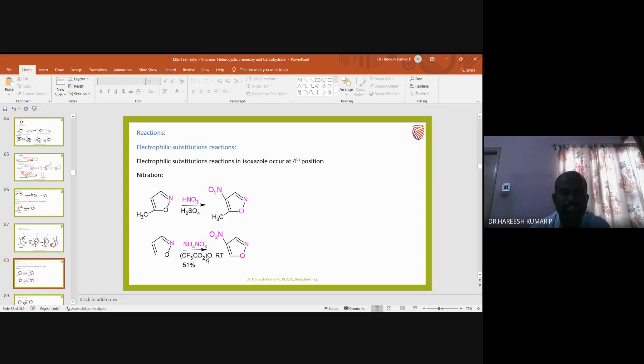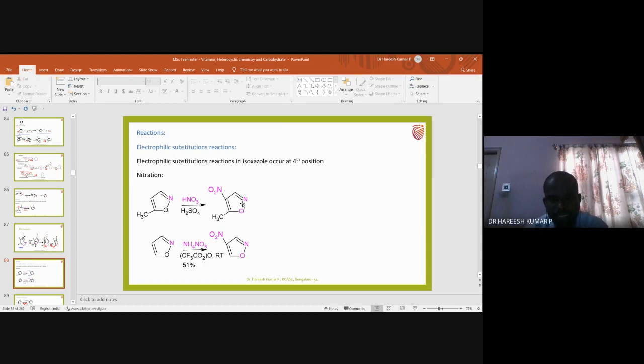Trifluoroacetic anhydride will act as a solvent, whereas the ammonium nitrate will act as a source of NO2 plus electrophile. That NO2 plus electrophile attacks the 4th position of the isoxazole, giving rise to 4-nitro-isoxazole. Similarly, here methyl isoxazole undergoes nitration with a nitrating mixture, giving rise to 4-nitro-methyl isoxazole as the product.